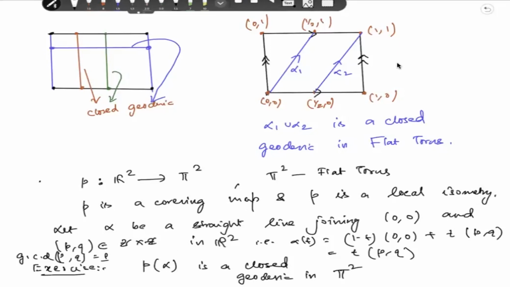From (0, 0) to (1, 1), you get a simple closed curve, and from (1, 1) to (2, 2), again the same simple closed curve. So it will be winding twice. Therefore P of alpha will not be an injective map, so you have to assume GCD of p and q is equal to 1.